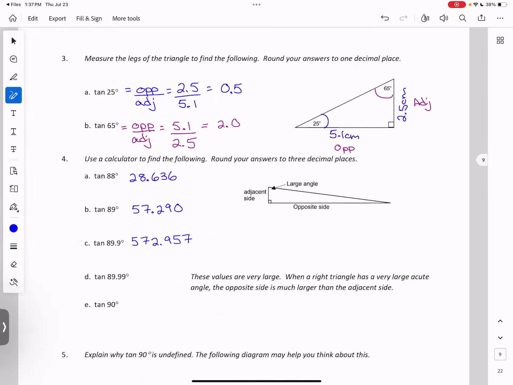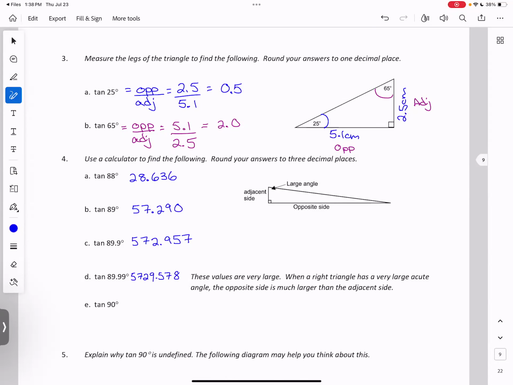Tan of 89.99 is 5,729.578. Okay, and these numbers are getting bigger and bigger and bigger.